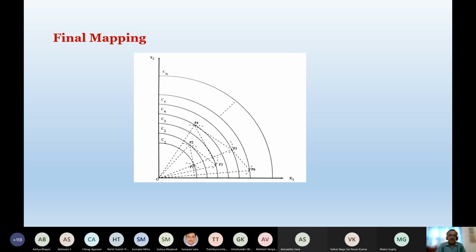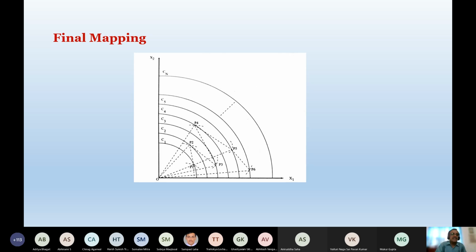Take any one. I'm taking this. Next, find the Euclidean distance between the second closest and the third closest connecting weight, draw the circular arc, and get this point P3. Similarly, you get all the points.